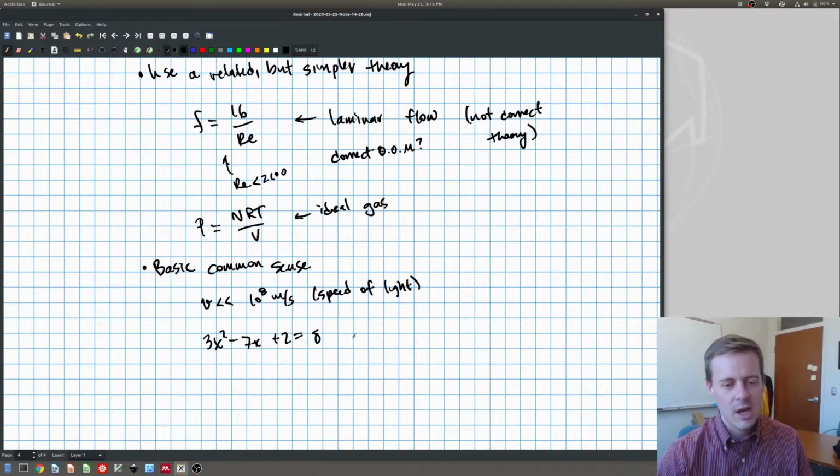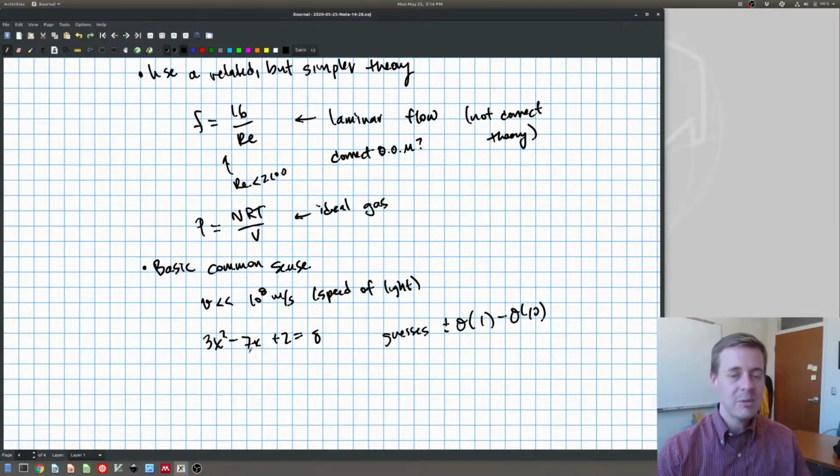Suppose I had this guy, I would expect my guesses to be on the order between 1 and 10, right? I wouldn't expect them, plus or minus on both of those guys, right? Absolute value of that. But I wouldn't expect them to be 10,000, and I wouldn't expect to have anything near the speed of light in a fluids problem, okay?